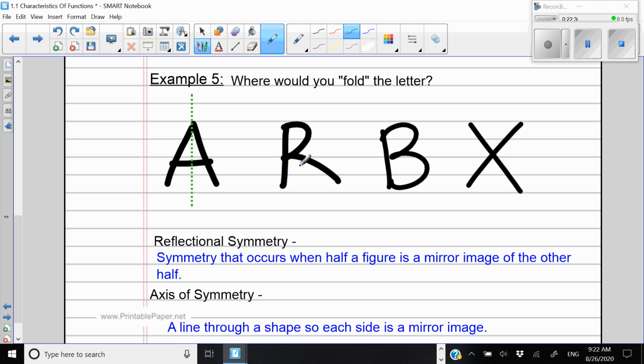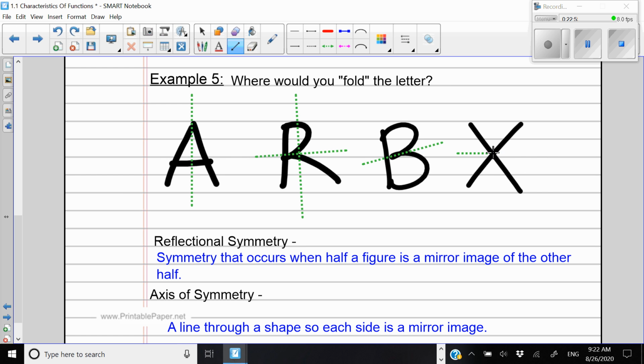Can I do the same thing for R? I don't think so. If I divide it this way, it won't be equal. The two sides are not going to be equal. If I fold it this way, again, they're not equal. For the B, maybe I can say if I fold it this way, then the top and the bottom side could be similar to each other.